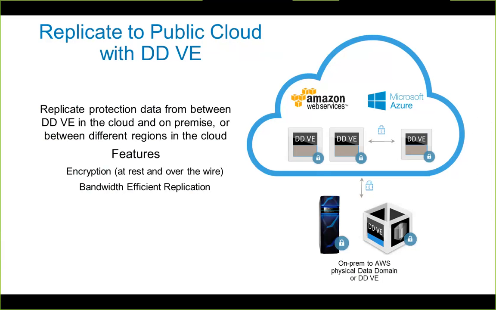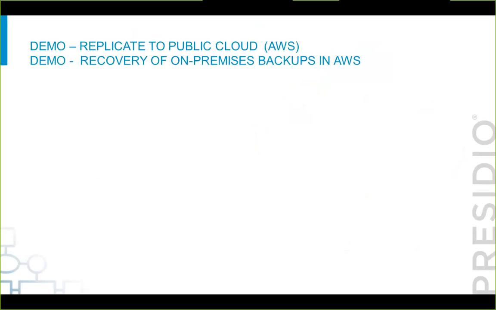In that situation, you can replicate from DDVE to DDVE, or you can replicate from DDVE to on-prem Data Domain, or vice versa. I think we're going to cover both those demos.